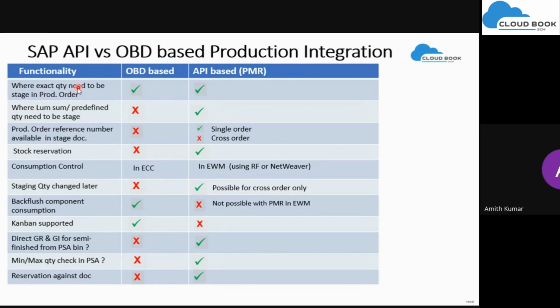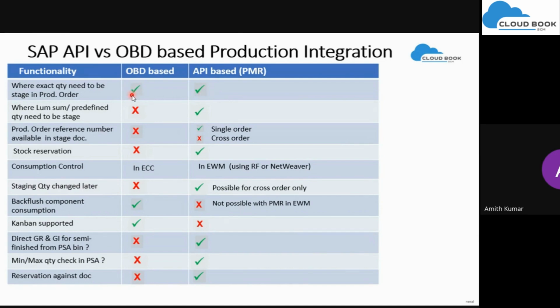We can achieve this functionality in both the OBD and the API based methods, right? Because in API based we will have PMRs. If it is a single order staging, then we will only stage those particular components which are part of the PMR.